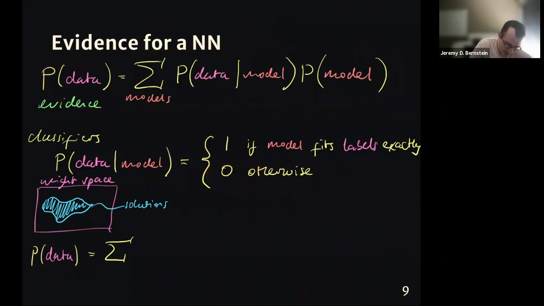So it just ends up being the sum over all models, meaning all weight vectors that fit the training labels exactly, of the prior probability of those weight vectors.